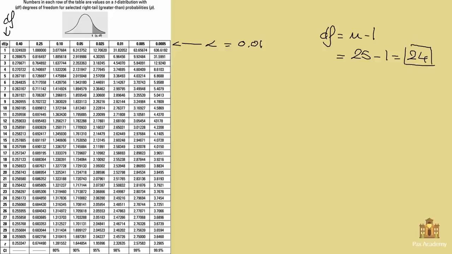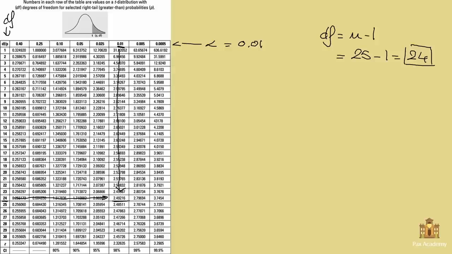So we go down on the degrees of freedom, down to 24, which is about here. And then we need to look up at our significance level, 0.01. And then we get the value where both of these meet. So we go like this, horizontally, and then same thing for the significance level.